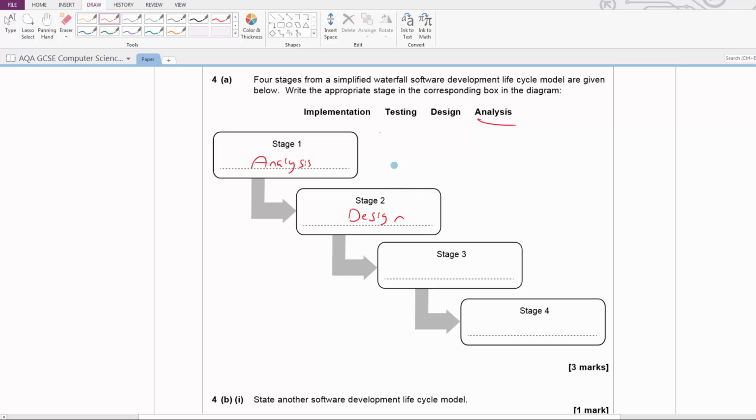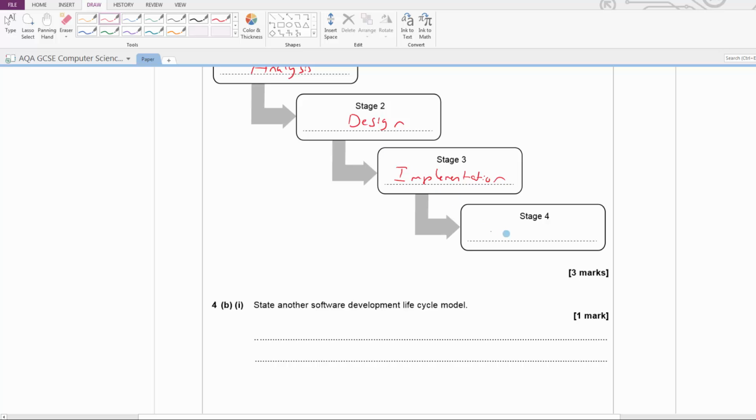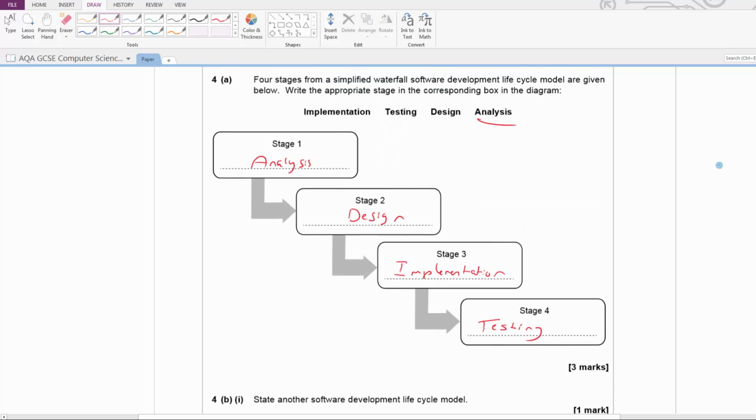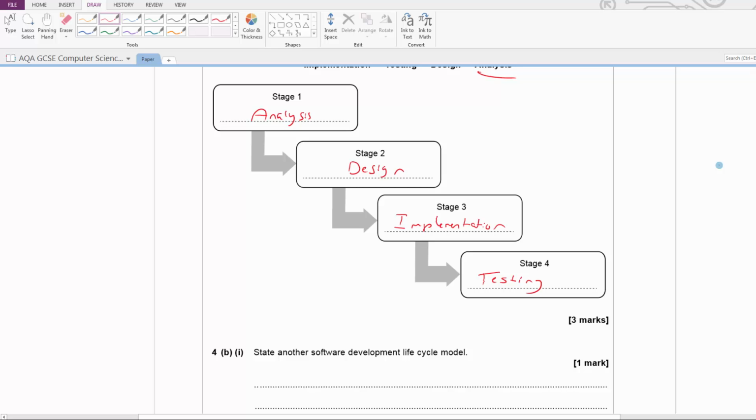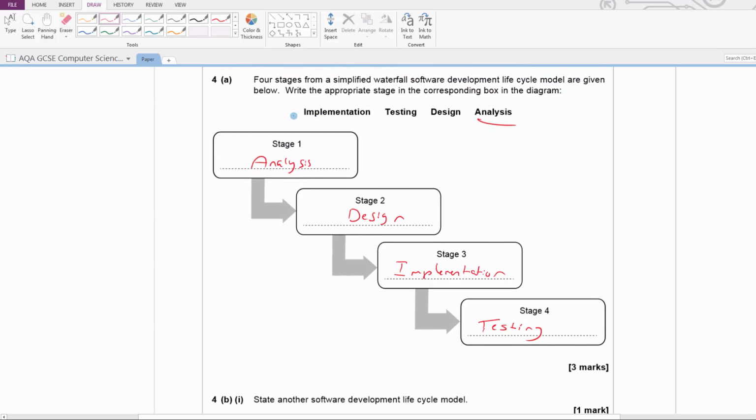We then have to actually implement this, to actually do the coding. Then we have to extensively test it. There are also other stages you might have seen, like feasibility, which sometimes goes in before analysis, and you also have evolution or maintaining as sort of like a stage 5, which is just when you update the software, but these aren't the ones we're given.